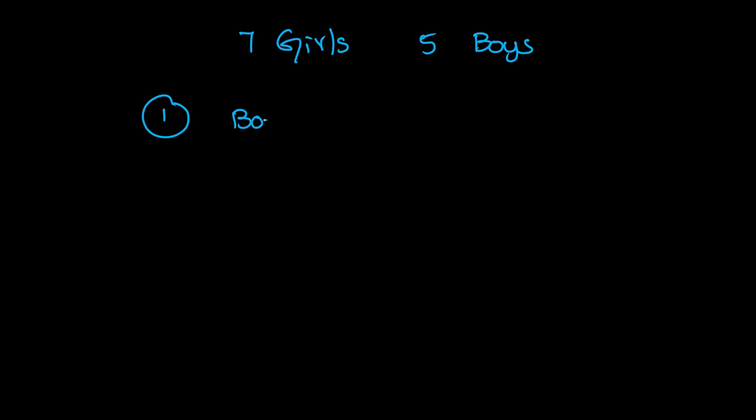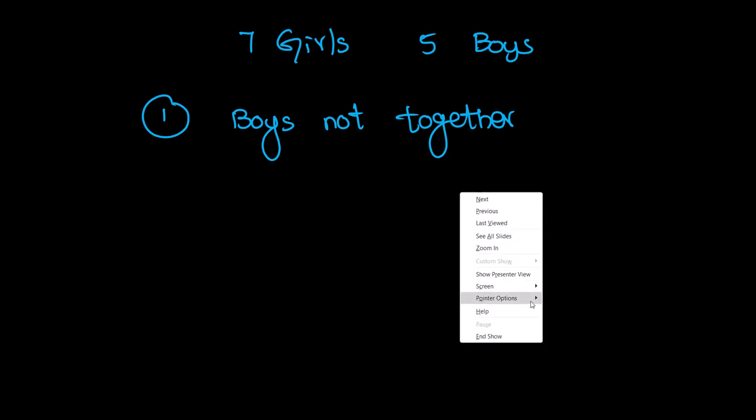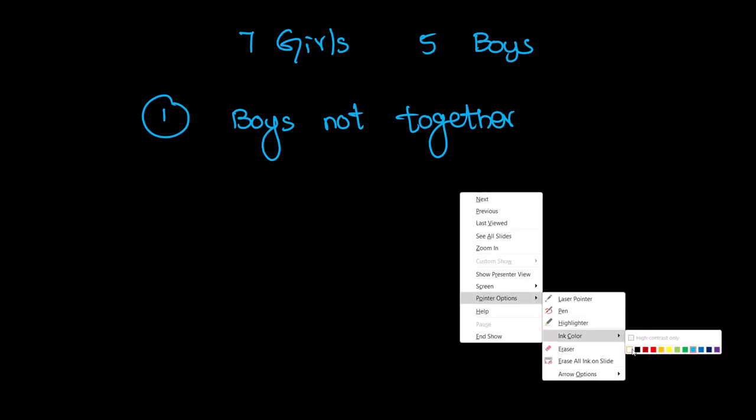Now, I want to just check whether you understand that question or not. 7 girls, 5 boys. Boys not together. How many ways can be done?